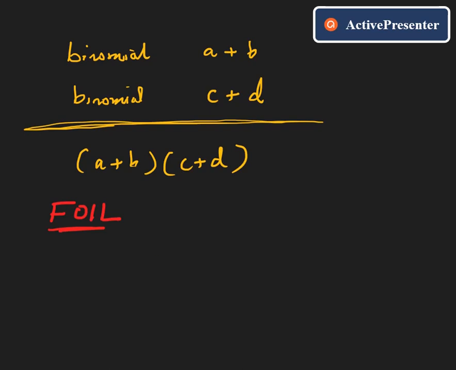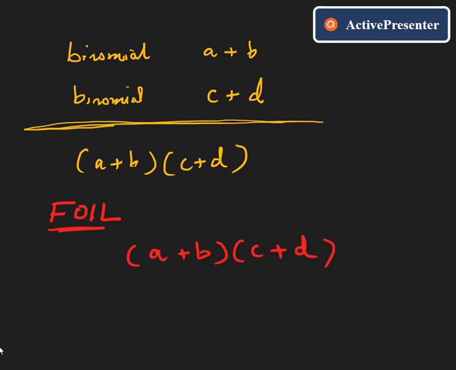Let's say that we have a plus b multiplied by c plus d. You can use the distributive method as mentioned before. However, there is a special case and a method for binomials. It is called the FOIL method. It is another form of distributive.